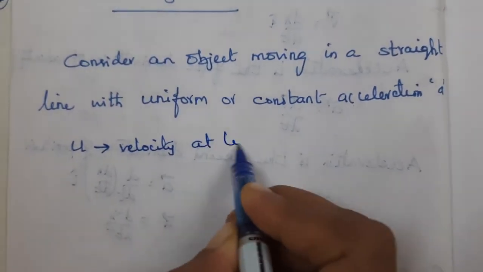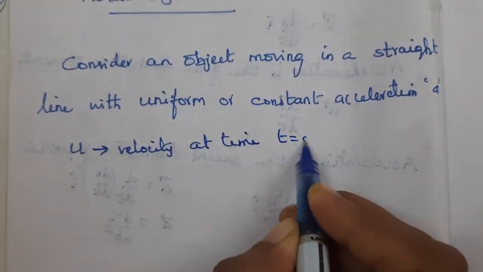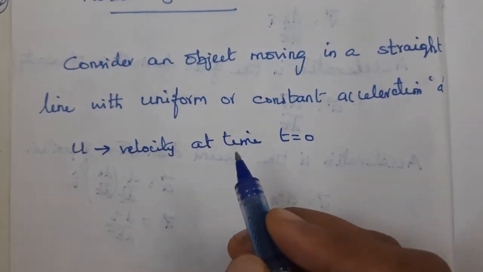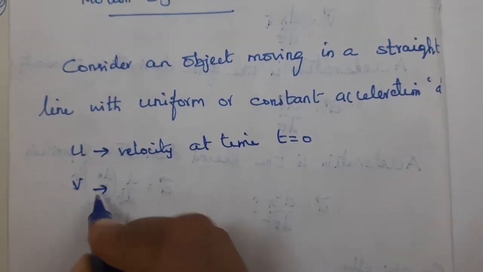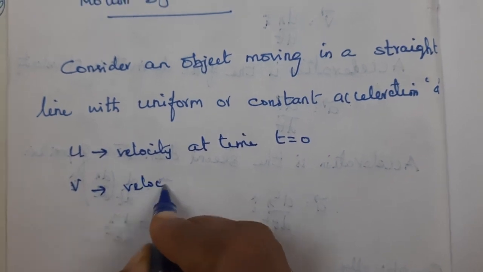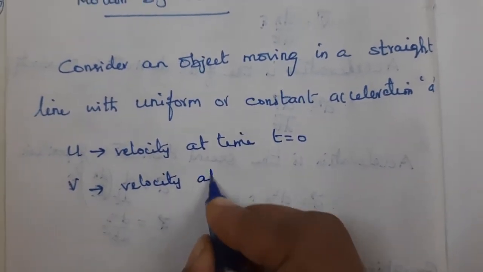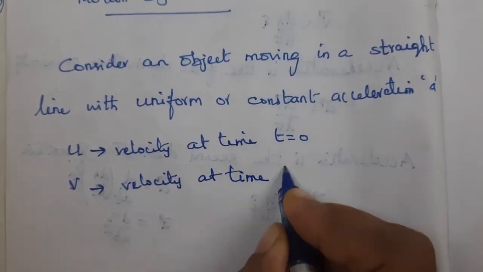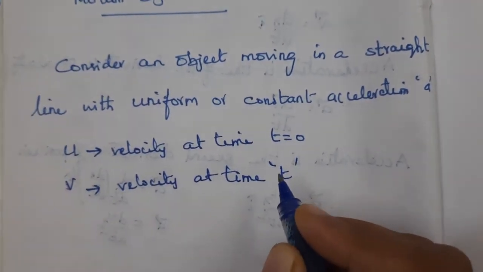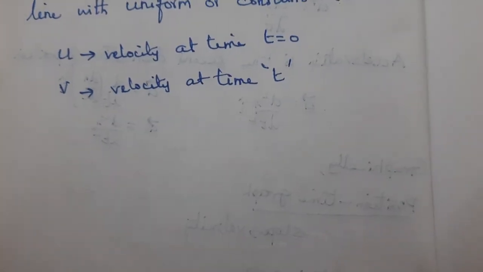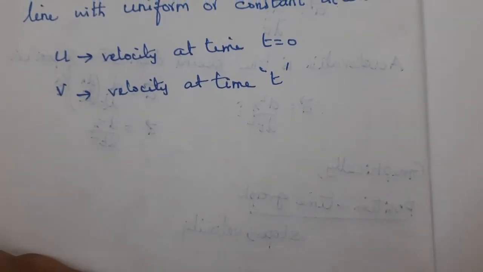Let u be the velocity at time t equal to 0. That is the initial velocity. Let v be the velocity of the body at a later time t. Let's find the equations of motion.